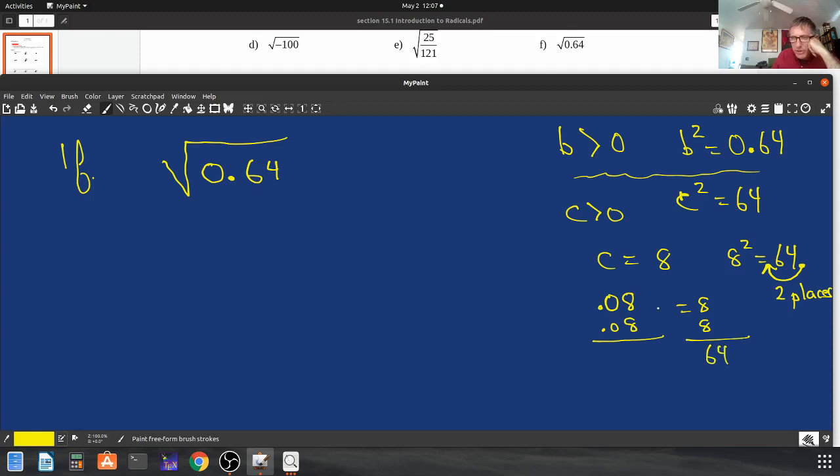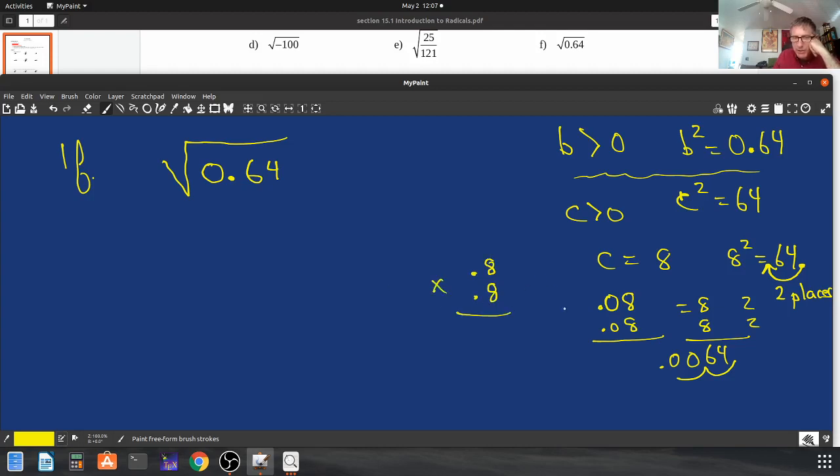And what did I do? I moved it over 1 and moved over 1, so I have to move it over 2 places in total. Hmm, let me check that again: if I multiply 0.08 times 0.08, that moves it 4 places, and that's not what we want. So we go back and say, okay, it wasn't 0.08 times 0.08. What about 0.8 times 0.8? Well, remember, how do we figure that out?